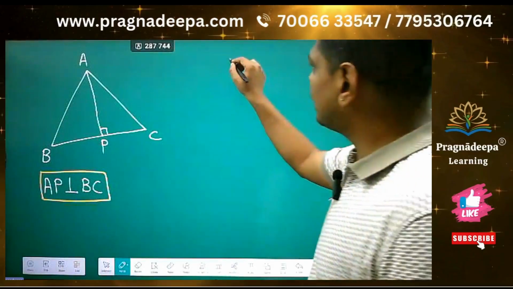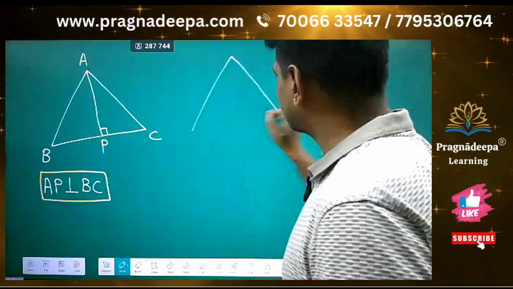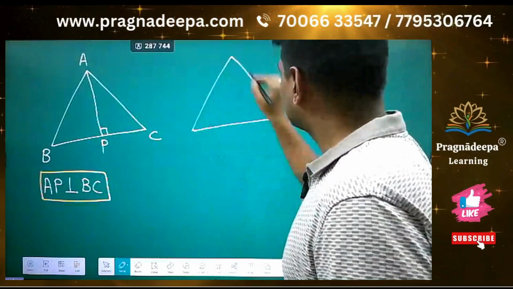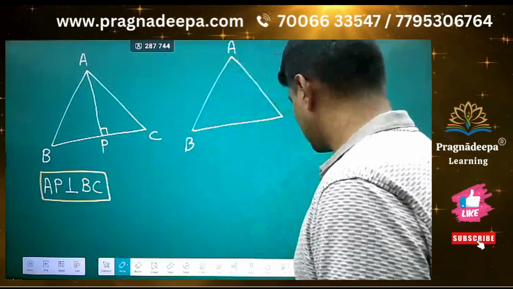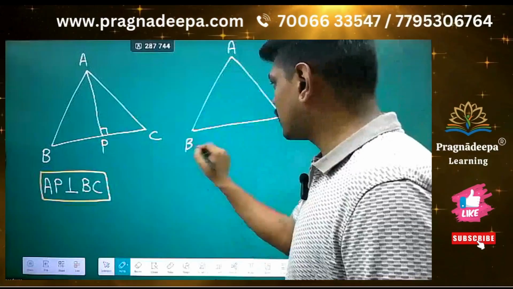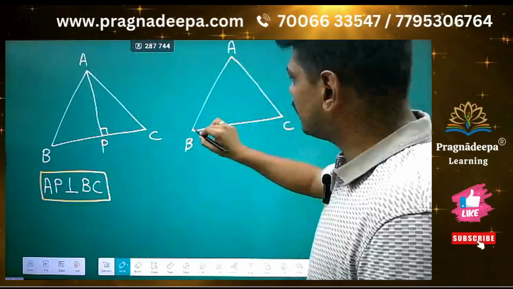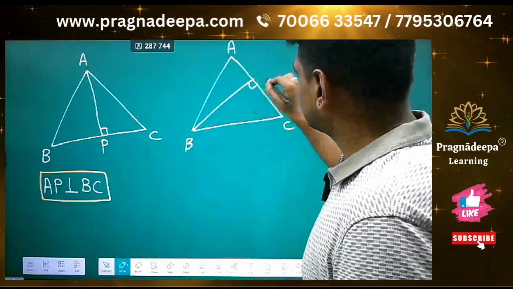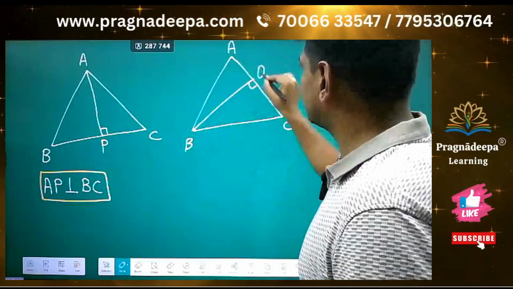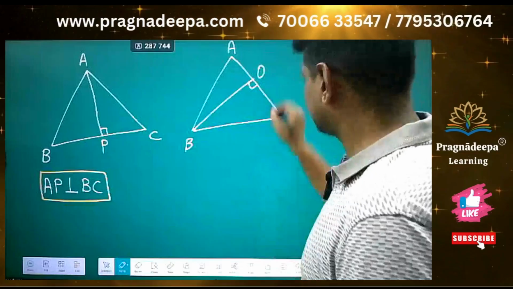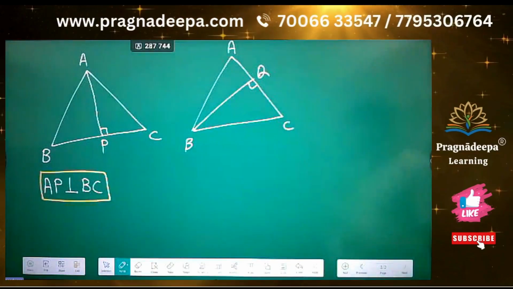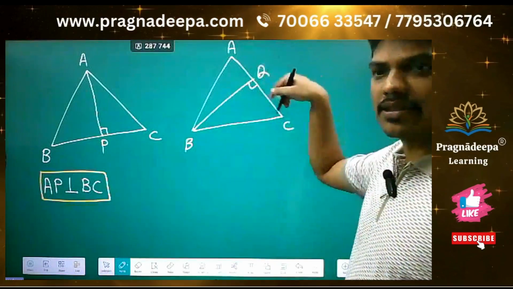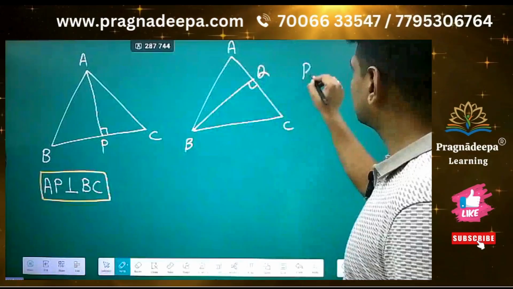Now suppose with the same triangle, students, understand the concept clearly. For the same triangle ABC, from B, if I draw the perpendicular line and call it BQ, can I consider AC as a base and BQ as a height?